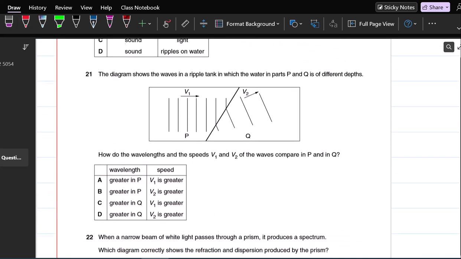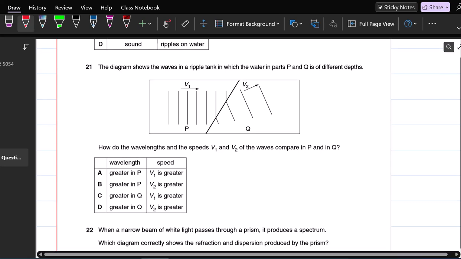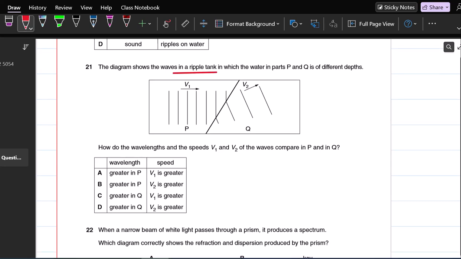Moving to question number 21. The diagram shows the waves in a ripple tank in which the water in parts P and Q is of different depths. When there is a case of depth, it means a shallow or deep region.